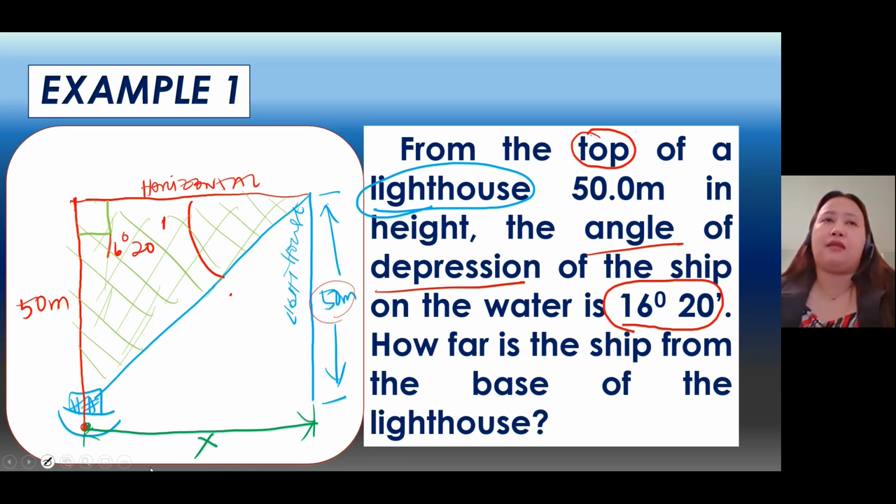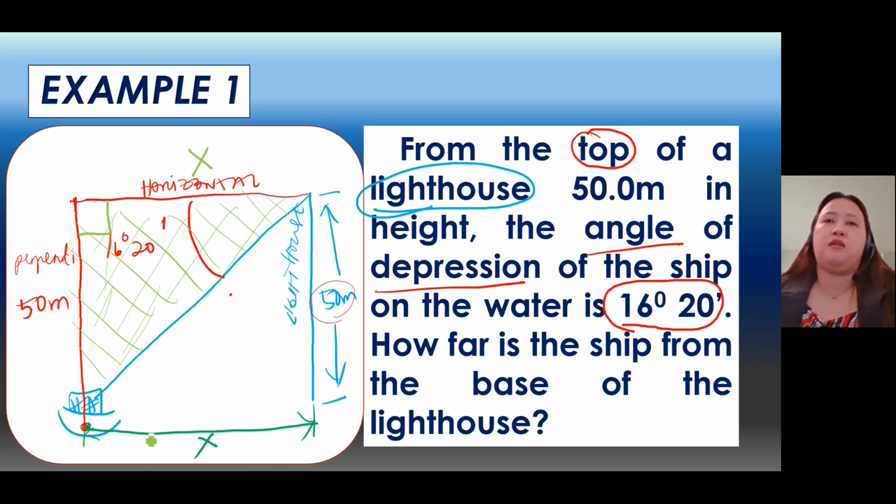If the horizontal will also be 50, it means that we have a square. But we are not sure yet because we need to determine the measurement of x. So the lighthouse height is the same as the measurement of this perpendicular, and the horizontal is the same as the x. So this will also be our x.